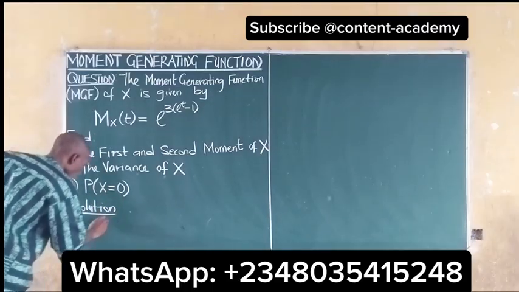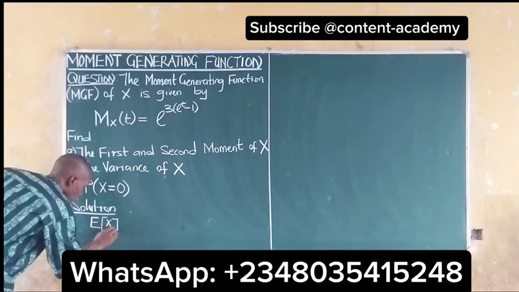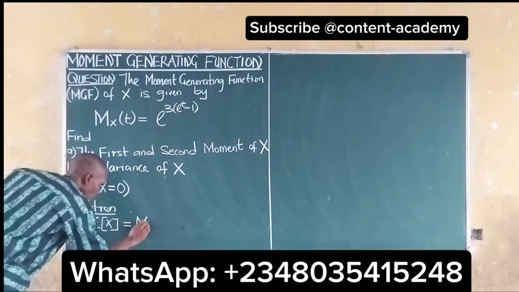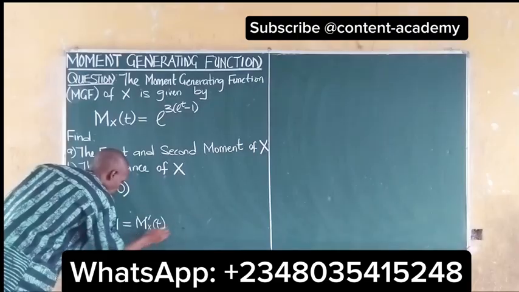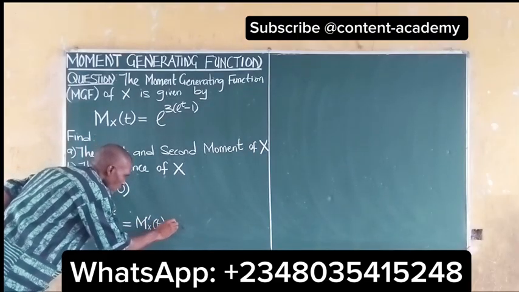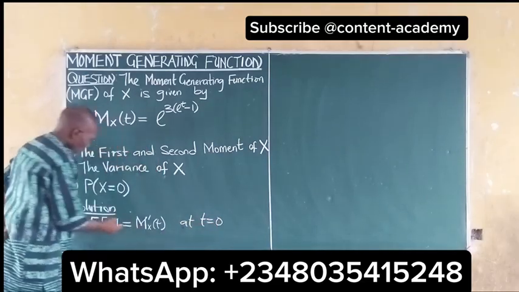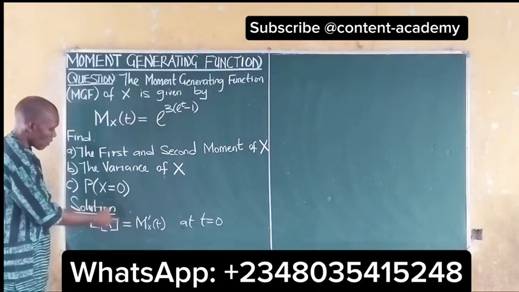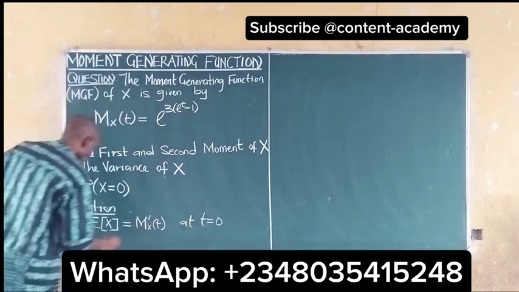You should note that the first moment, which is the mean, is equal to the moment generating function M_X(t), differentiated once, at t equal to 0. So the mean, which is the first moment, is just the first derivative at t equal to 0.